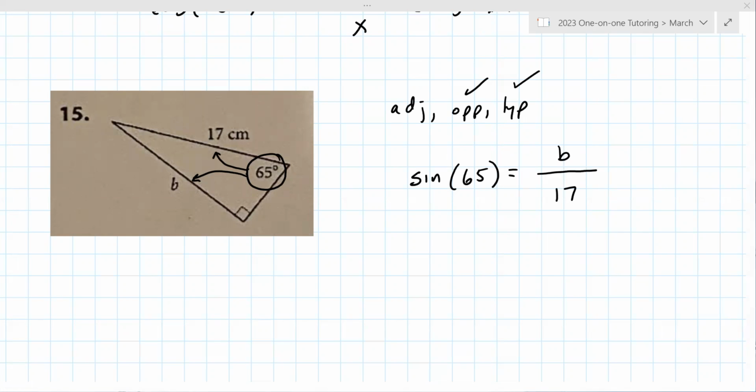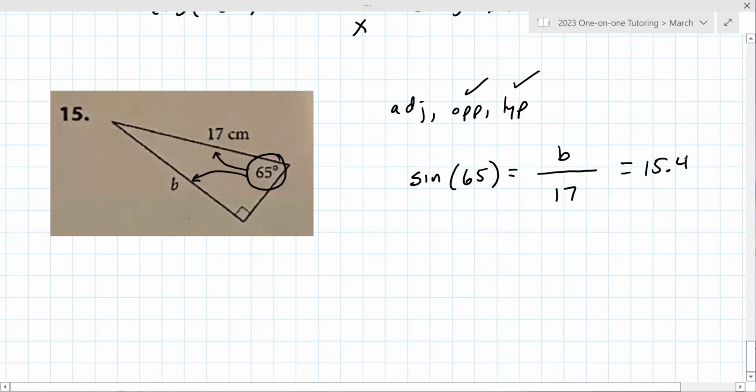Yes. Okay, I want you to try solving that for me, please. It would be 15.4. You got it.